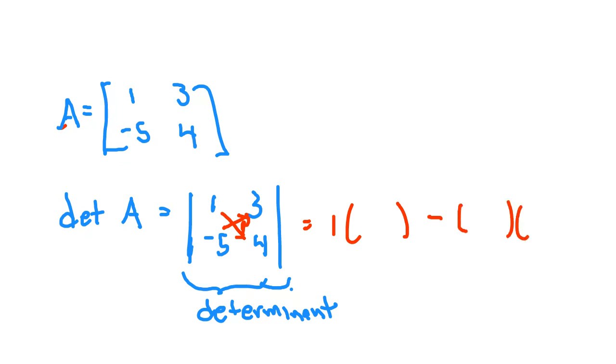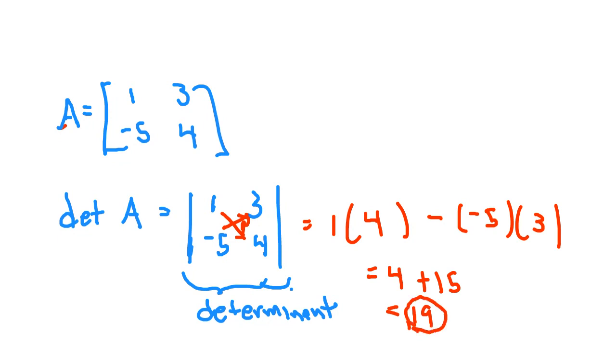A times D minus B times C. So that would be 1 times 4 minus -5 times 3. And so that's going to get you 4 plus 15, which is 19. And that's your determinant.